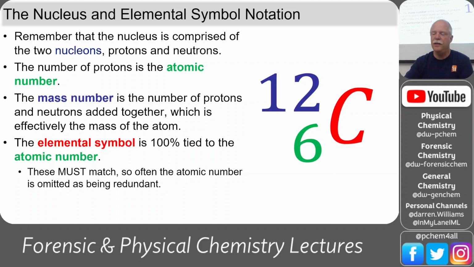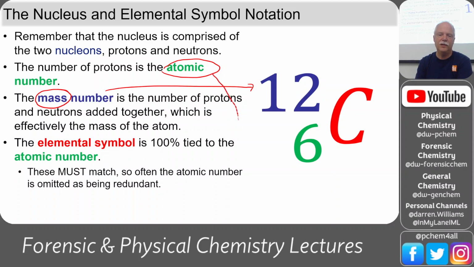And so here we have the mass number, which is in blue here. So focus on the terms, right? The mass number is telling you the mass of the nucleus, really to the ones place. And then there's the atomic number. Think of the atomic number and the element as tied to each other.